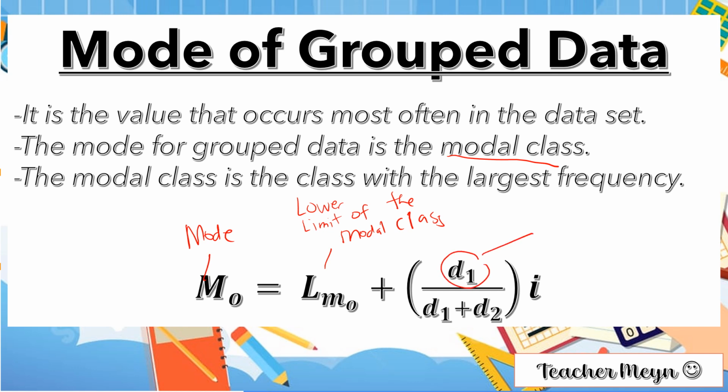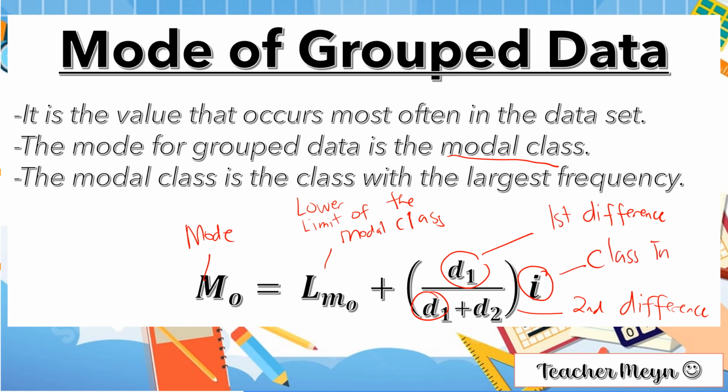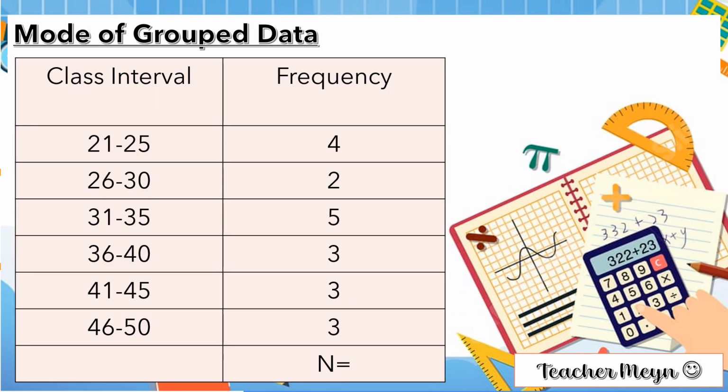Next, D sub 1 is the first difference, and D sub 2 is the second difference. Later I will show what the first and second differences are. i is the class interval.